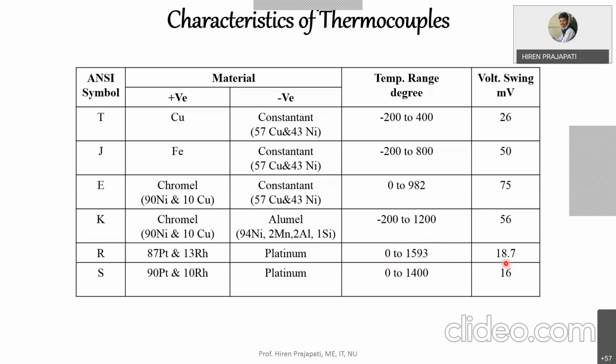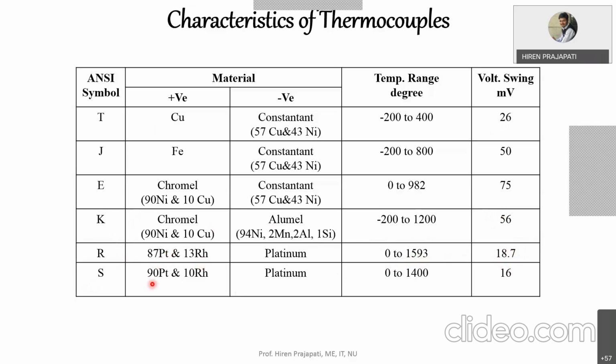But if you look at the voltage swing, that is too less compared to the previous, right? So it is like a compromise. If you want more temperature measurement, then voltage swing will be less. At the same time, the cost of R and S type thermocouple is way high compared to T, J, K type thermocouples because of platinum and rhodium, which are very costly materials, right?